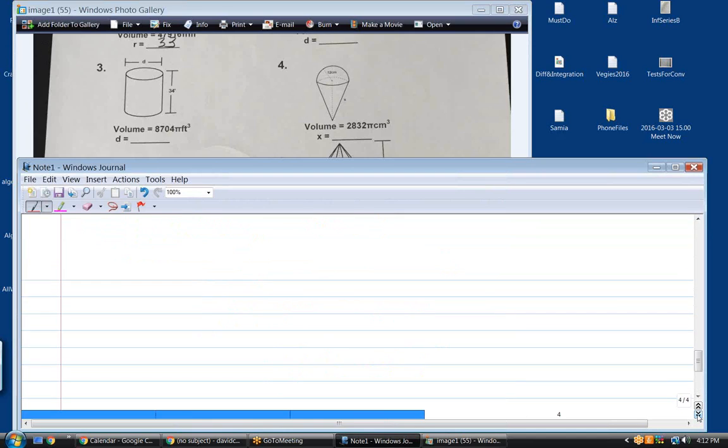And then some of them I want to get into in a little more depth. What's the general formula for the volume of a right cylinder? V equals capital B H. And what's capital B equal to? The area of the base.